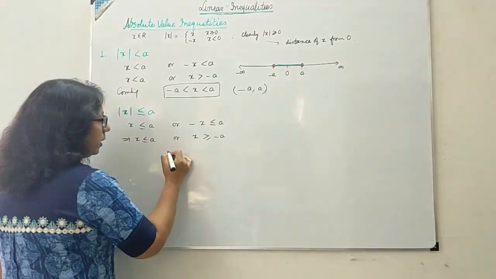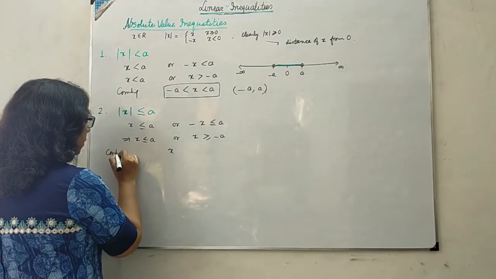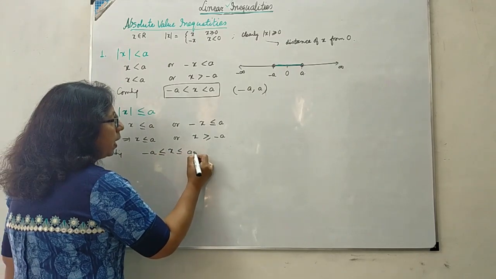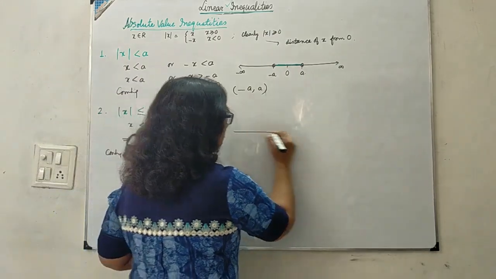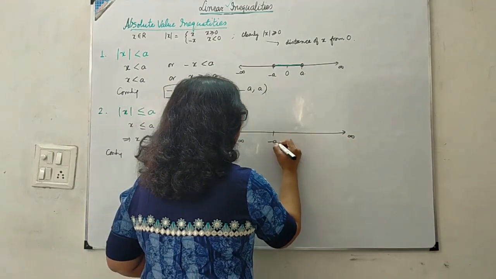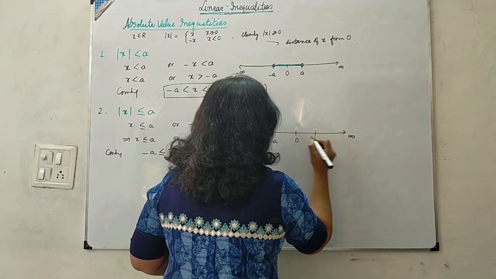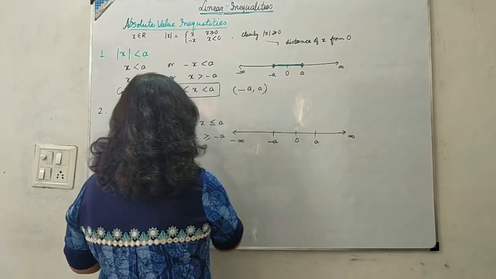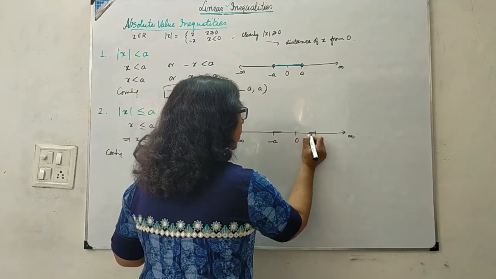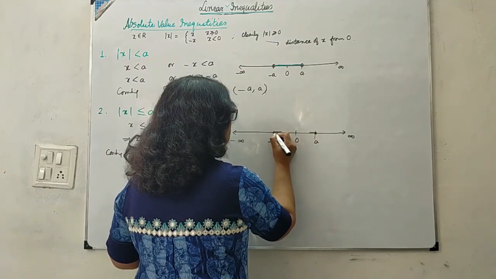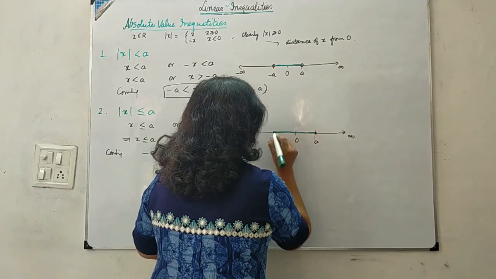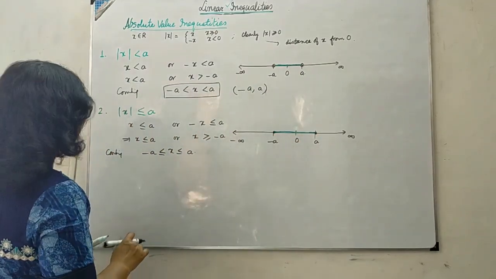So we again have x lying between minus a and a. On the number line, this is minus infinity, this is minus a, this is 0, this is a. So we have x greater than or equal to minus a on this side and less than or equal to a on this side. So these points are also included. The solution will become this part of the number line.